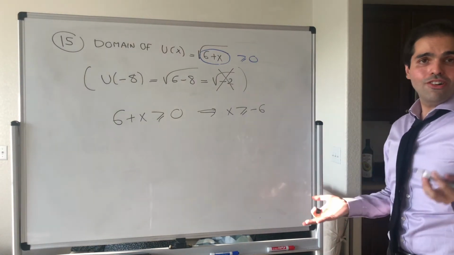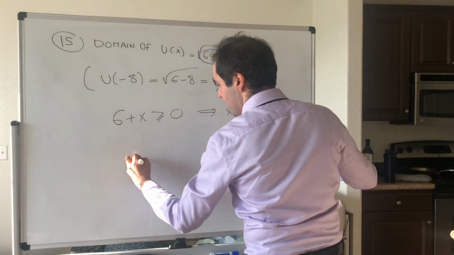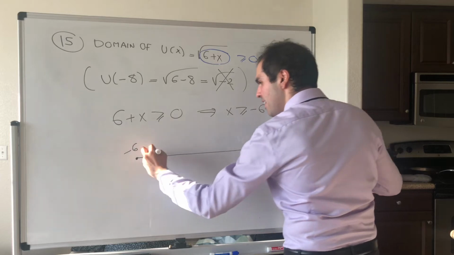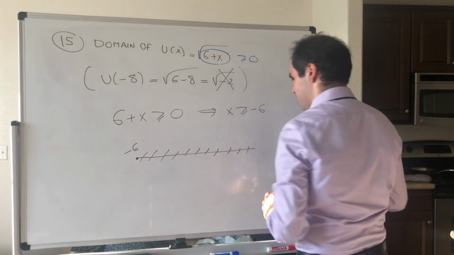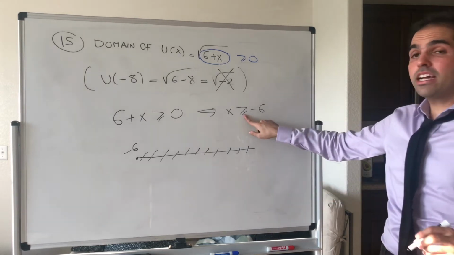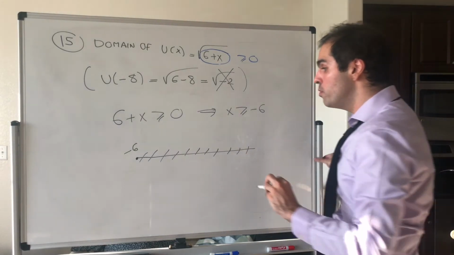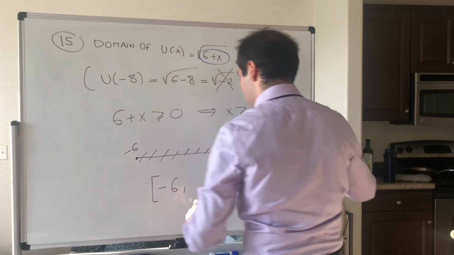And of course, the next question is, how do you write this in interval notation? So again, very important. It starts at minus 6, and you want all the numbers greater or equal to minus 6. Now, because we have a greater than or equal, we need to include minus 6. That's why we put this square bracket.